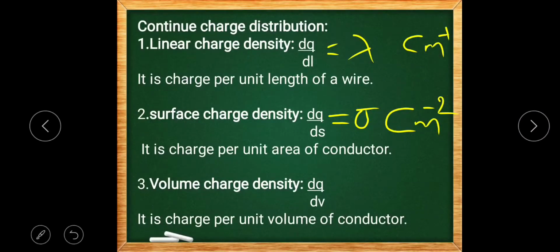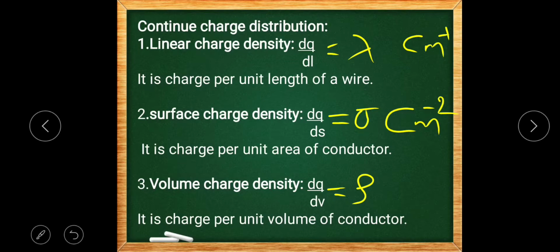Next, the third one is volume charge density. Here we consider the volume of the conductor, and it is denoted as rho. Rho equal to dq by dv. Here dv is a small volume element, and dq is the charge distributed in that small volume element. So rho equal to dq by dv.